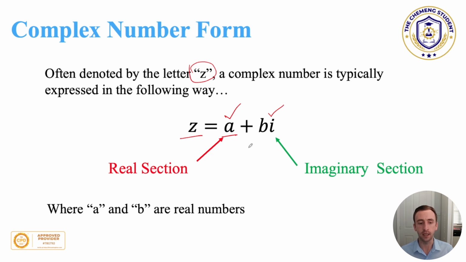Now a and b are both real numbers. So even though the second term is the imaginary section, the value of b is still a real number. So that's the key point, is that although we say that this is the imaginary term, it still comprises of a real quantifiable number. Because if it didn't, then it would simply be impossible to solve.